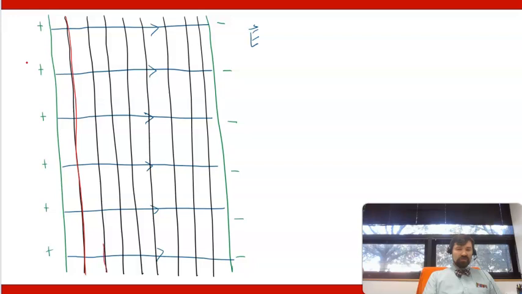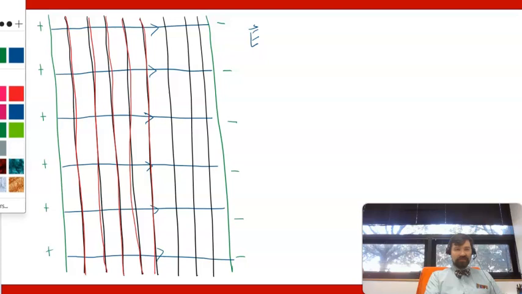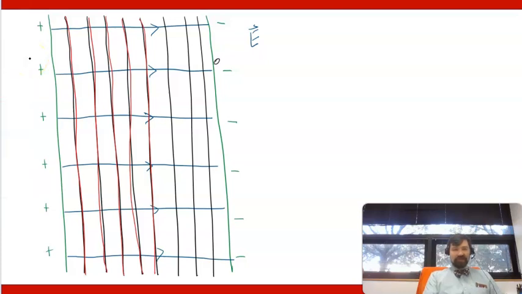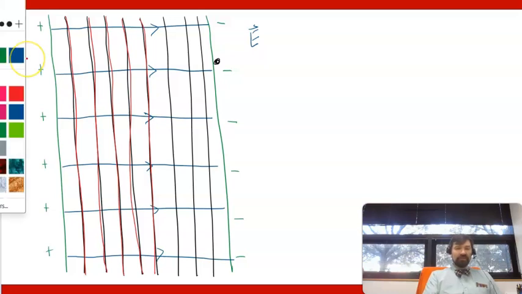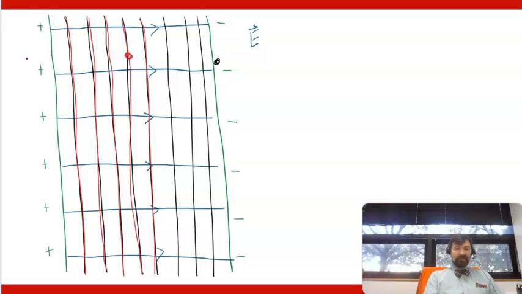Usually you use the black probe on the voltmeter to be common, and then the red probe is to your source relative to that common or to ground. So these right here would be where I'm putting my red probe line, and then over here is where I'd be putting my black probe line. So I'd have one probe right here, and then my red probe would just be going to different equipotential lines and measuring.